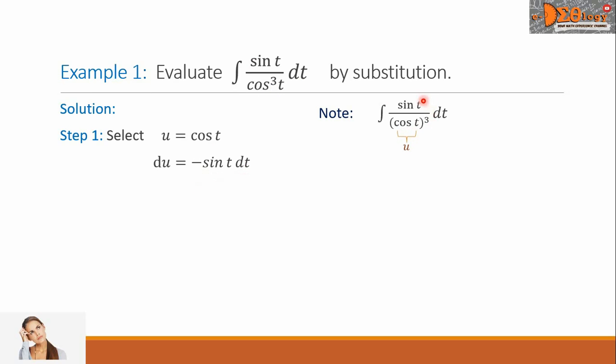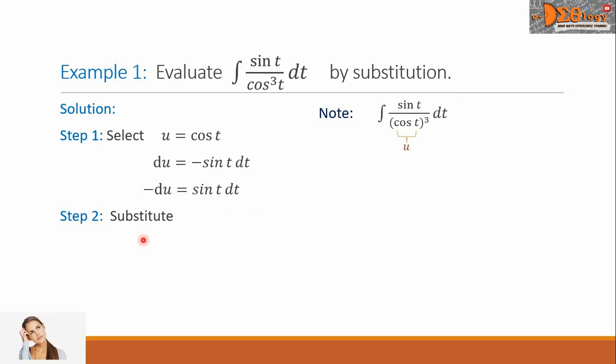Analyzing our integral here, we have the remaining function to be sine t dt, which is positive. So what we're going to do here is to multiply this equation by negative 1. So we have now the left side to be negative du equals the right side is now positive sine t dt.